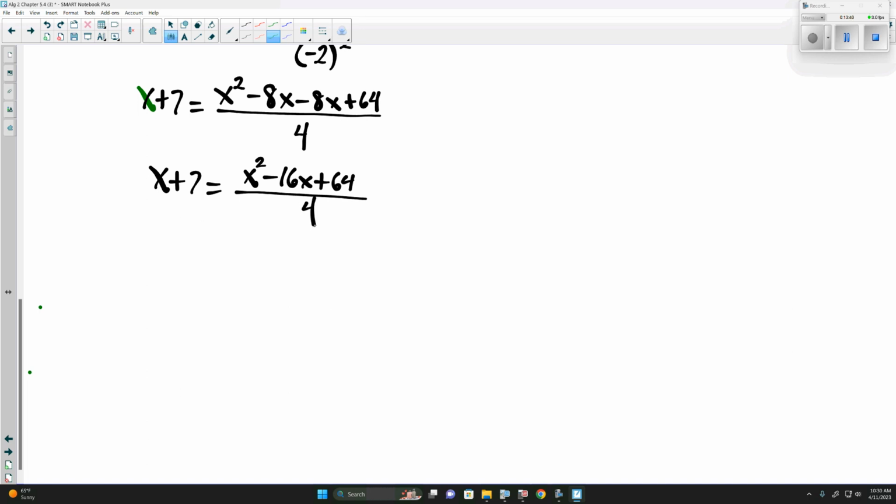Now we can combine like terms. Our negative 8x minus 8x will give us negative 16x plus 64. Yes. Questions on any of this so far?